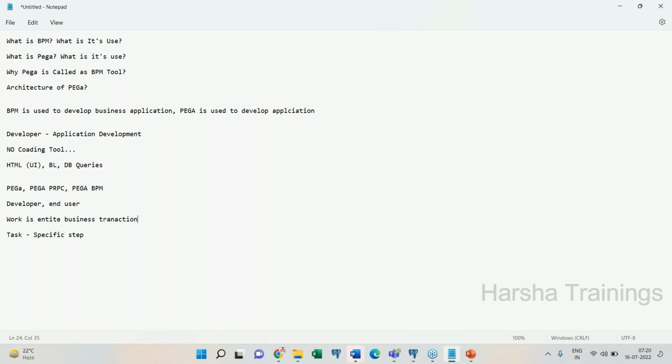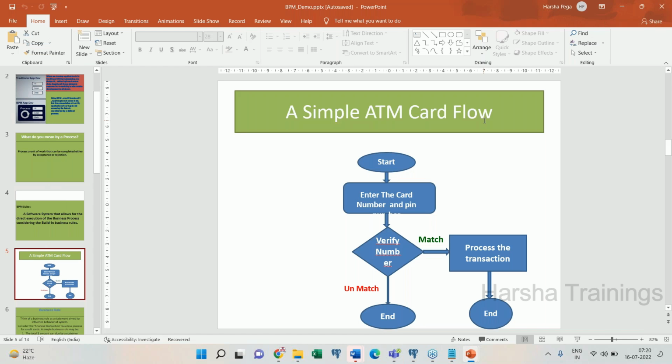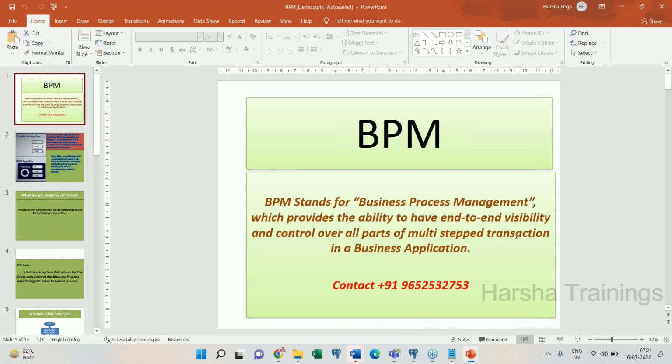So the entire business transaction is work, and a task is a specific step in the transaction. How many tasks can be there in a transaction? There can be a number of tasks. So each task you consider as performed in one single step. So if 5 tasks are there, 5 steps will be involved in your business transaction. That is what is meant by multi-step transaction.